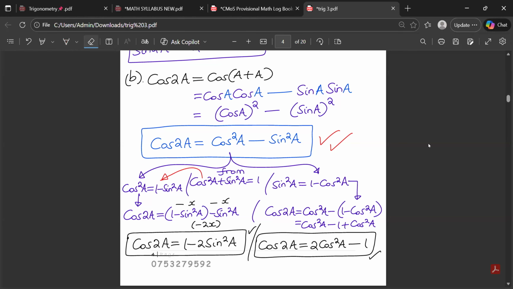And then we try to substitute. Then we substituted for cos squared and we maintained the negative sign. We came up with this last one. Then this side we substituted for sine squared and we left cos squared. Then we came up with this last one.